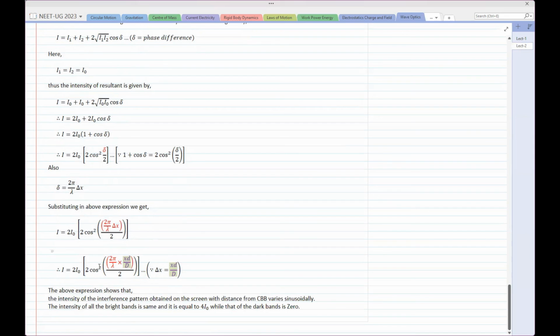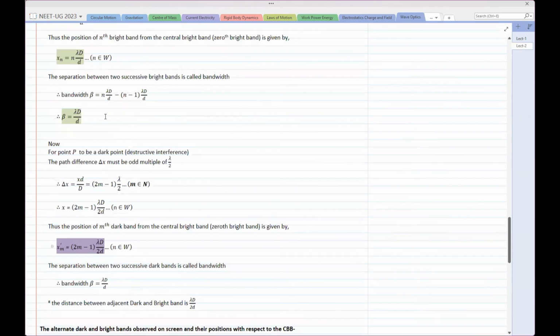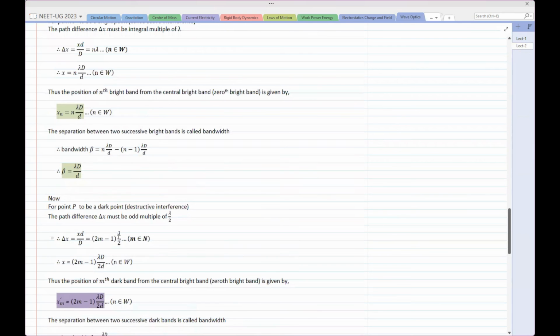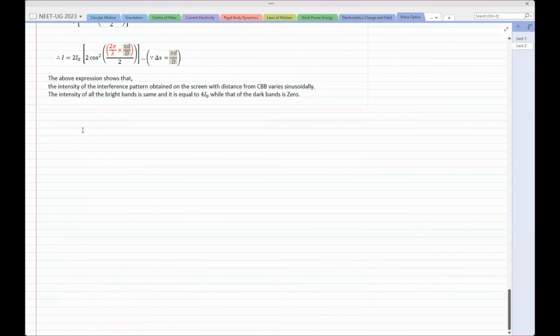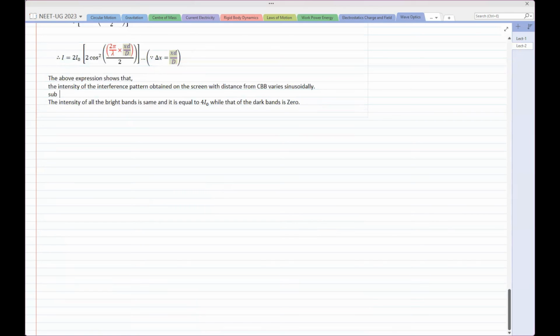Actually इसमें कैसे होता है, अगर आप for dark band, इसका वैल्यू होता है डार्क बैंड के लिए x d by D is, ये यहाँ पे आपने सब्स्टिट्यूट किया, x d by D is (2m minus 1) lambda by 2. This is what you are going to substitute. But मैं इसके बाद लिखता हूँ, substituting the path difference.